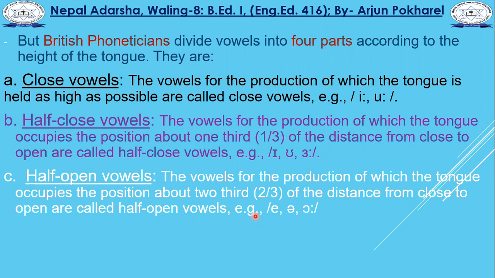If the sounds are produced in this way, they are known as half open vowels. According to the half close classification we have these, and A and O are different half open vowels.